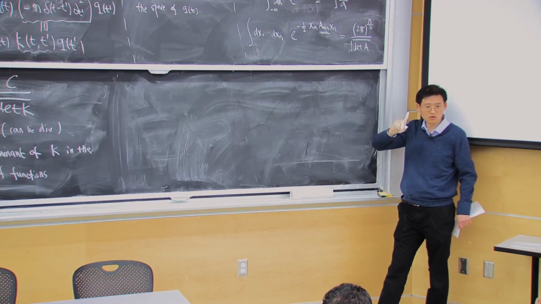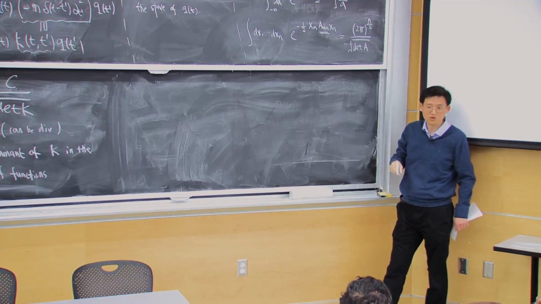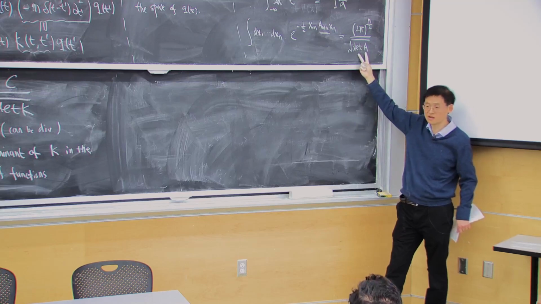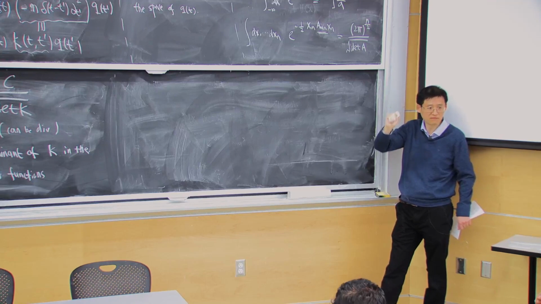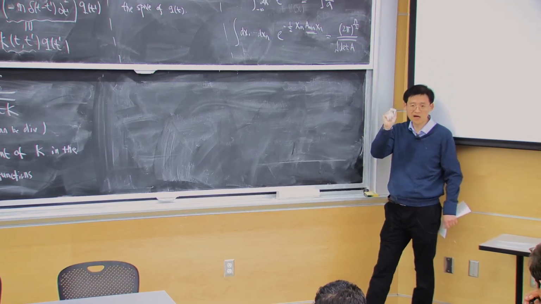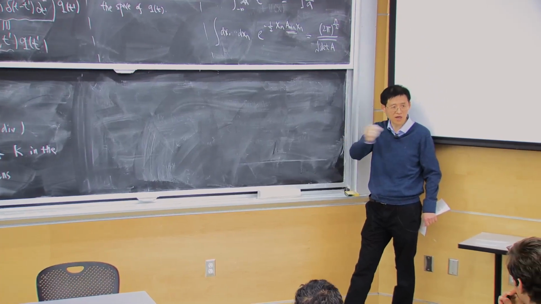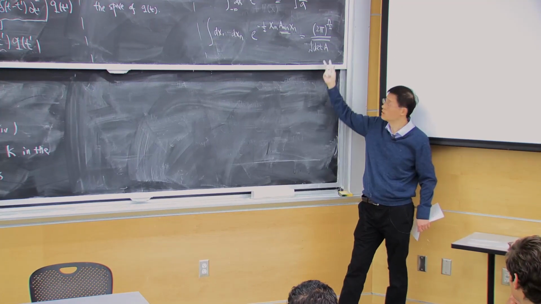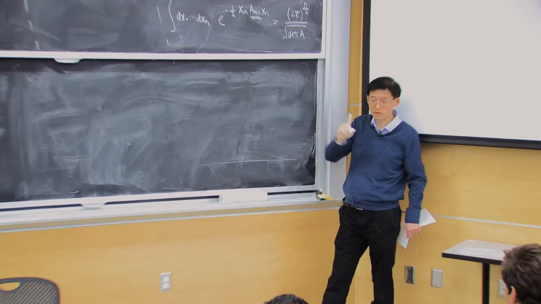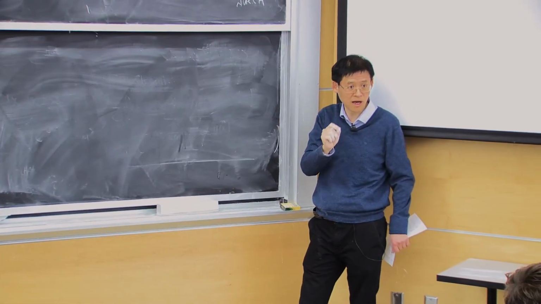So you do it as follows. Remember, the determinant of A is also the product of all the eigenvalues of A. So you can just find all the eigenvalues of A, you take the product of them, and that is the determinant of A. So this way to define determinant actually generalizes.